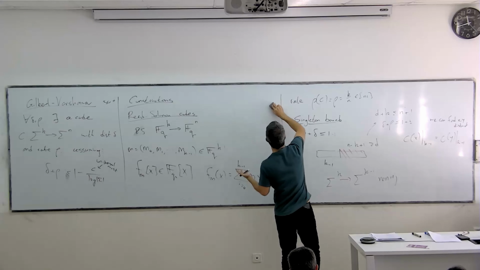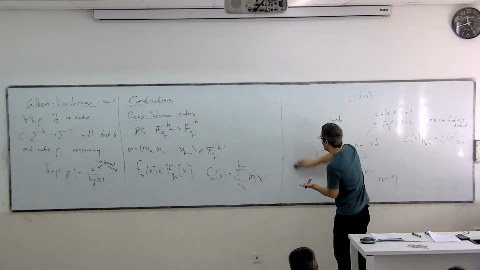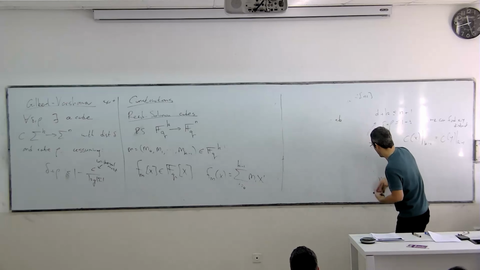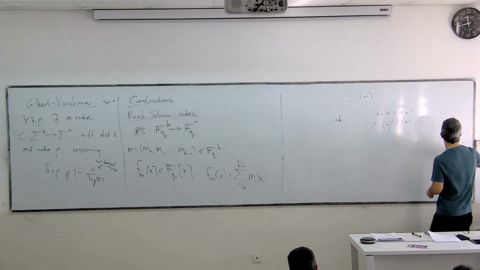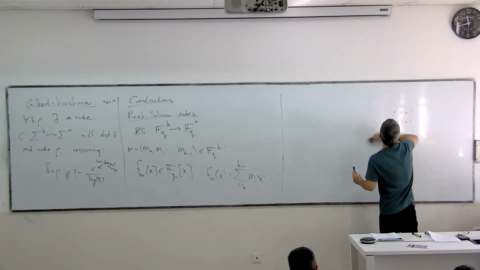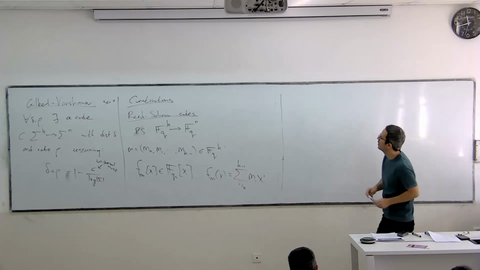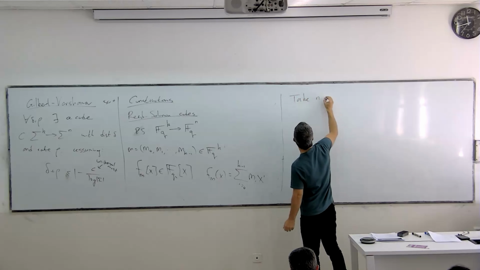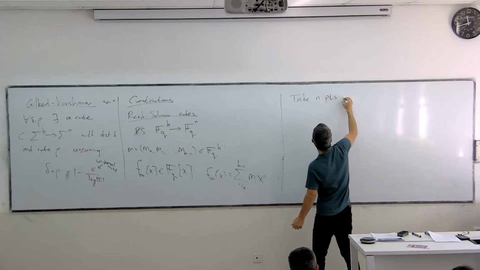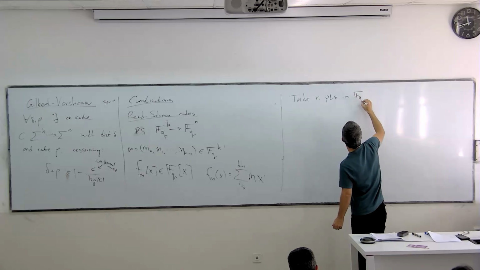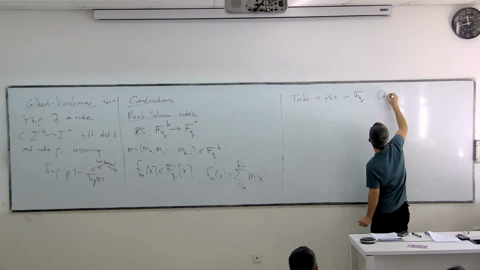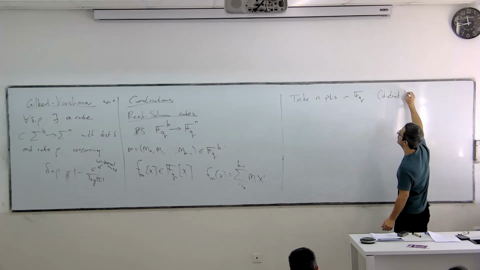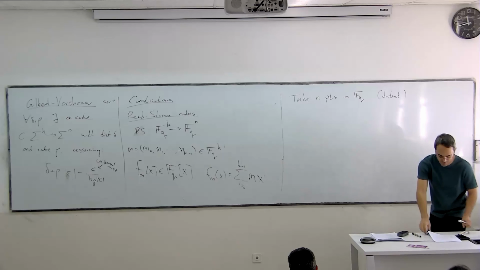So now, given this interpretation of the message, we are going to define the output. We take some n points in F_q, distinct points, which immediately implies that q is at least n.